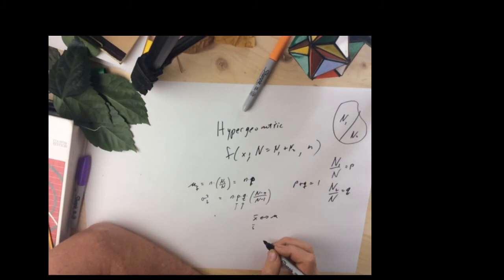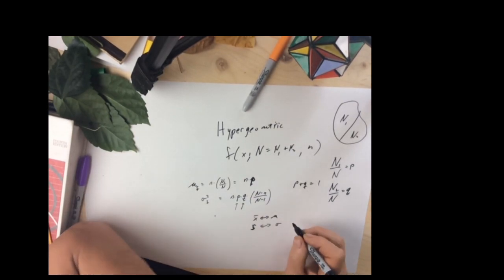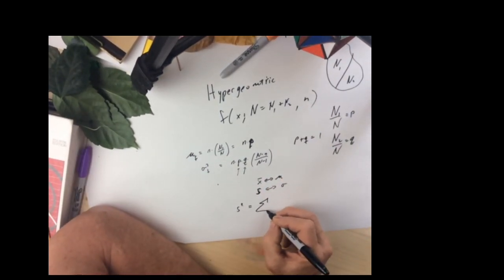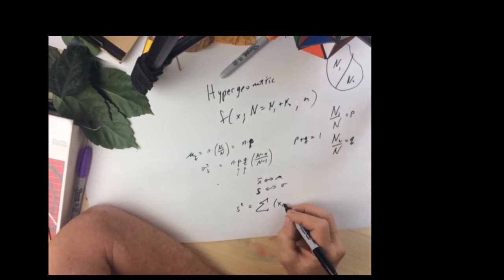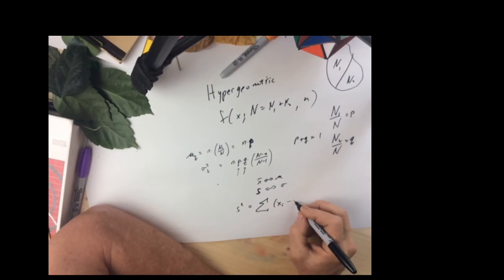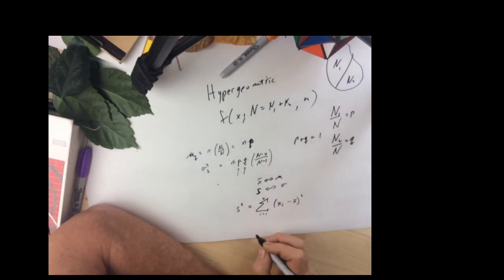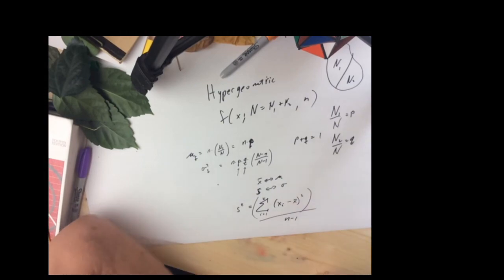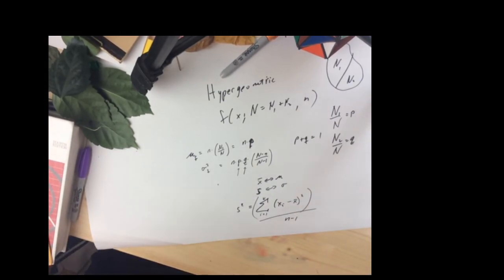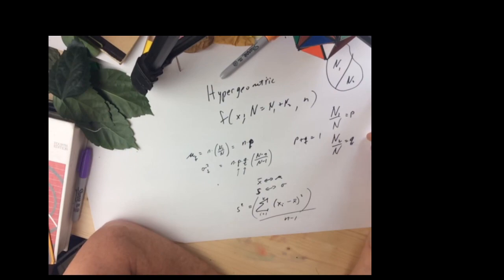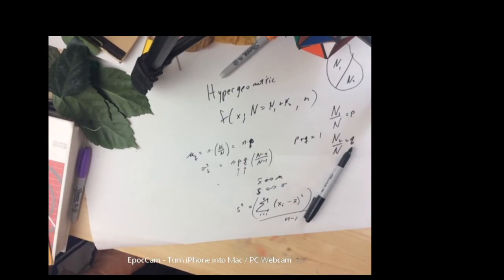So the S, which is associated with the sigma, has a slightly different formula, and that is S squared is the sum of all the xi's, because there are different xi's in your sample, minus your x bar squared, but you don't divide by n. You take this answer and you divide by n minus 1. Why? Well, we'll find out later. Okay. There is our introduction to mean, variance, and standard deviation.